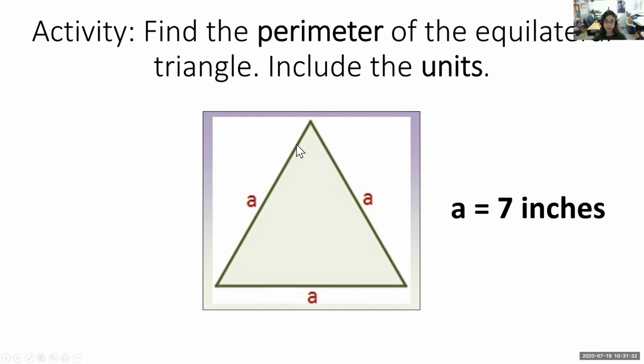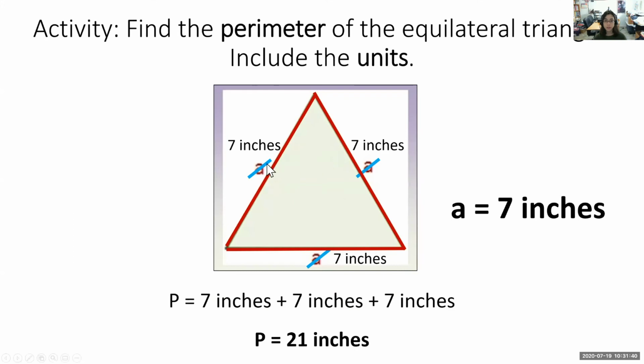In other words, this side is 7 inches, this side is 7 inches, and this side is 7 inches. I have to find the perimeter. So first things first, I crossed out my A and substituted it, which means I replaced it with 7 inches, because A equals 7 inches. That's why I crossed out each of the A's and put 7 inches instead.